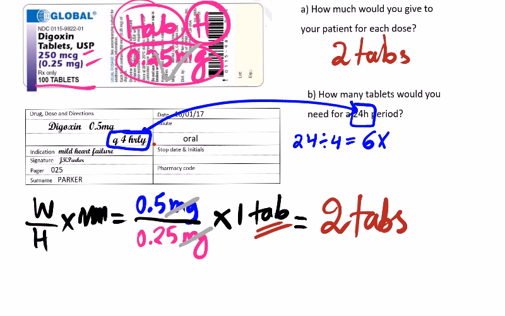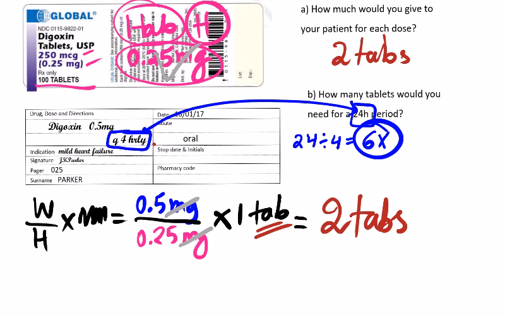Basically, all you need to always do is divide your 24 hours by the every 4 hours, and that will give you the number of times a day you have to give the drug, or the number of doses in 24 hours. So how do we calculate this?